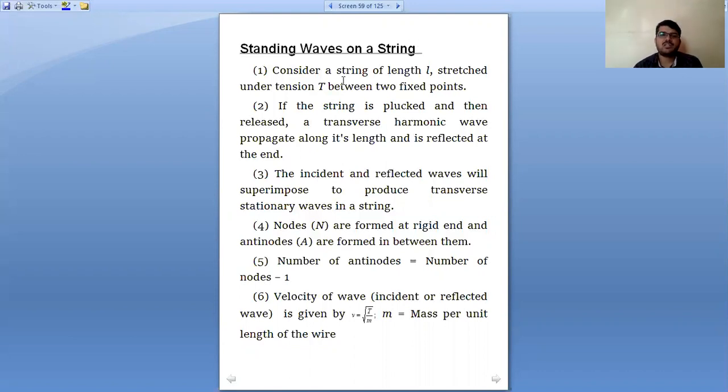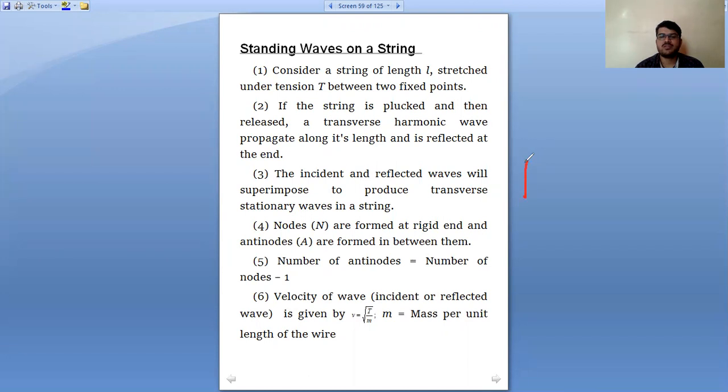So see, consider a string of length L stretched under tension T between two fixed points. How is this? Let's see. If I draw one diagram here, you can see. See the first point, standing waves.